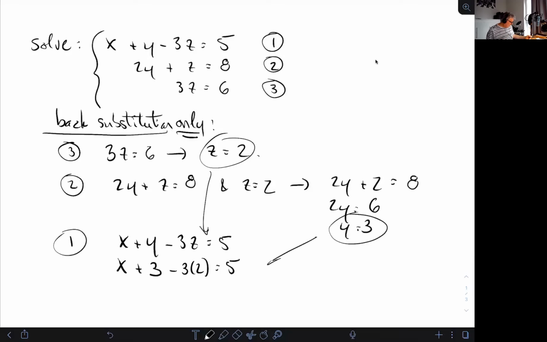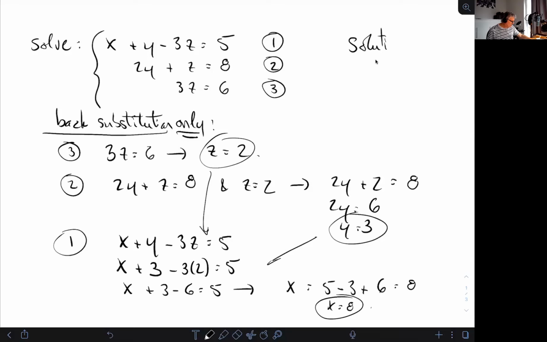And so x plus 3 minus 6 equals 5, and so x equals 5 minus 3 plus 6, which is 8. So x is equal to 8, and so we've solved it. So the solution is unique. It is x equals 8, y equals 3, z equals 2.